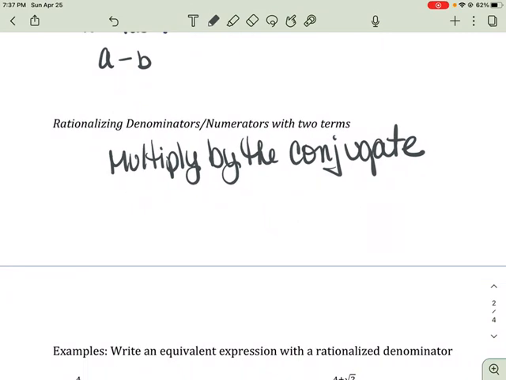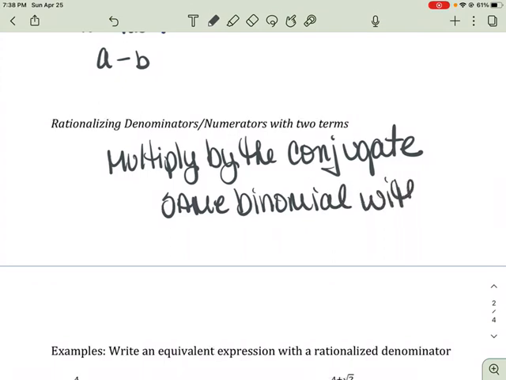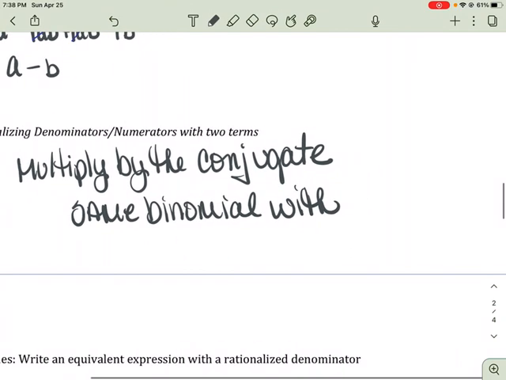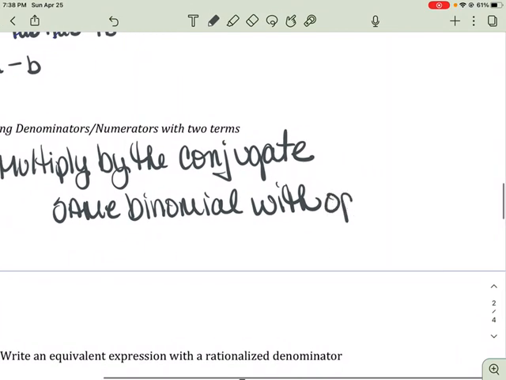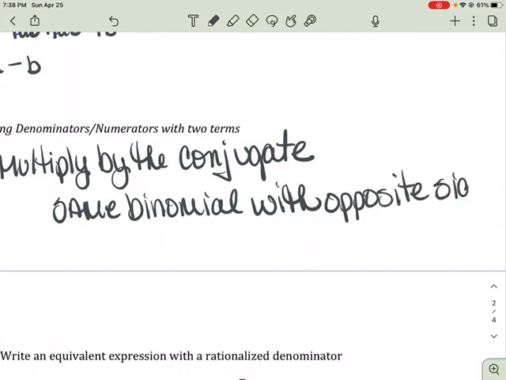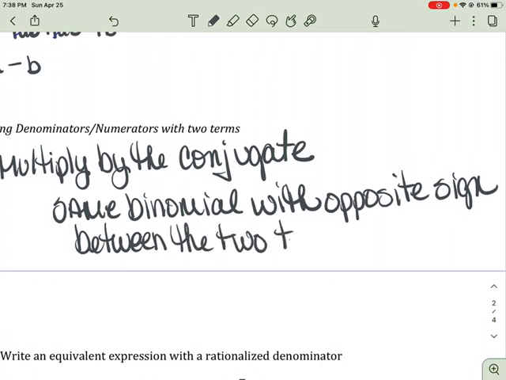Is that it is the same binomial with opposite sign between the two terms. That's the best way I can describe it.